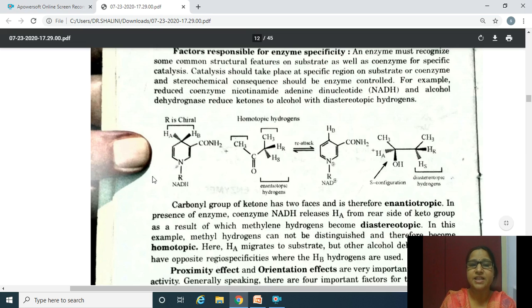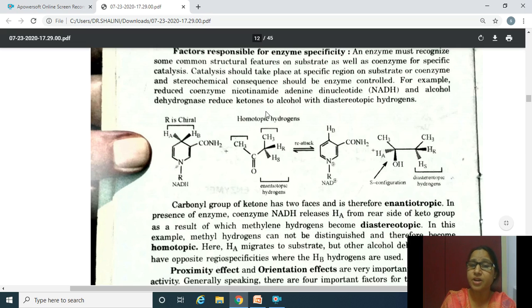For example, this is the NADH and it is attacking the ketonic group. Here the alcohol dehydrogenase enzyme is acting.